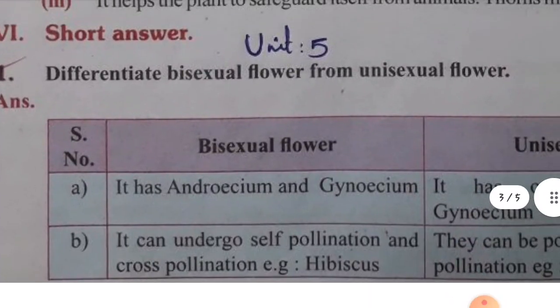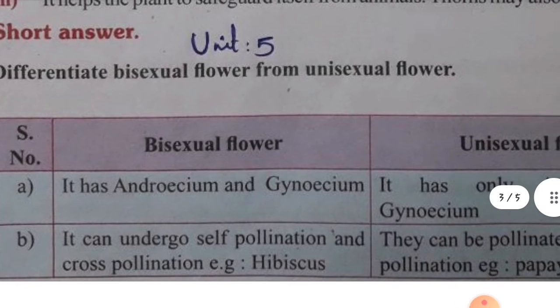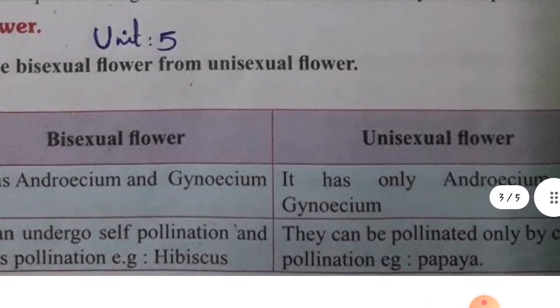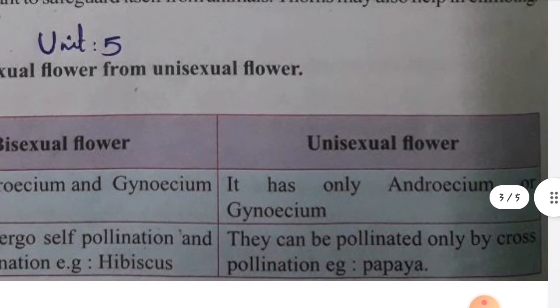Next, move to the next Roman letter. Roman letter 6, short answers. First one, differentiate bisexual flower from unisexual flower. This question is also very important. See the bisexual, children. Bi means two. It has androecium and gynoecium. Unisexual means it has only androecium or gynoecium.